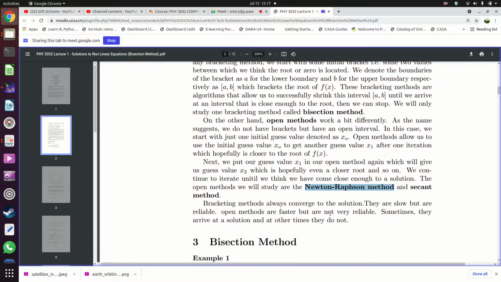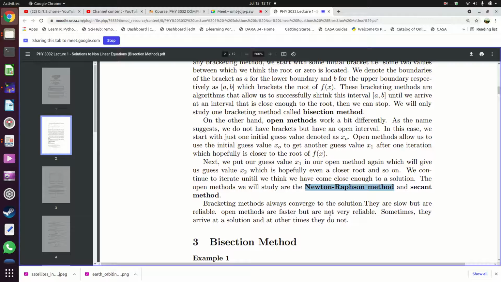Bracketing methods and open methods have advantages and disadvantages. With bracketing methods like bisection, as long as you have chosen a bracket in which the function cuts the x-axis, then as you shrink the bracket, you will always get a solution.